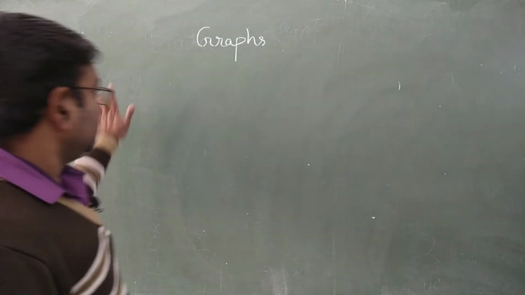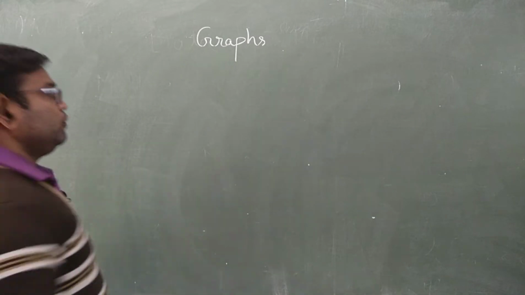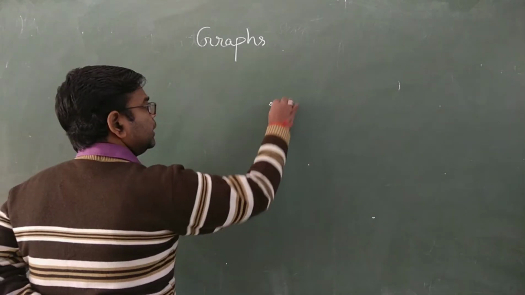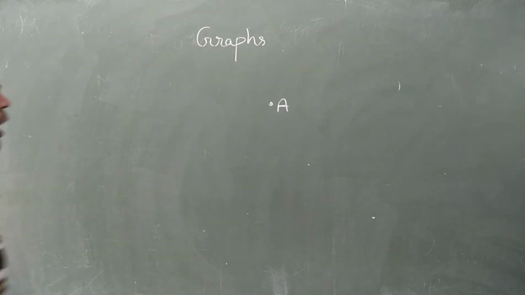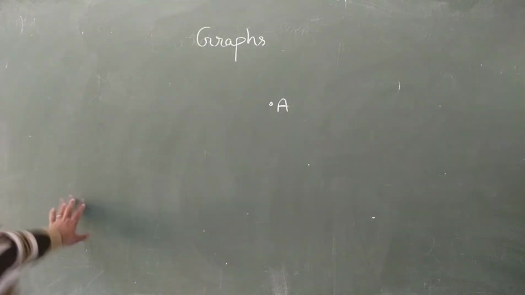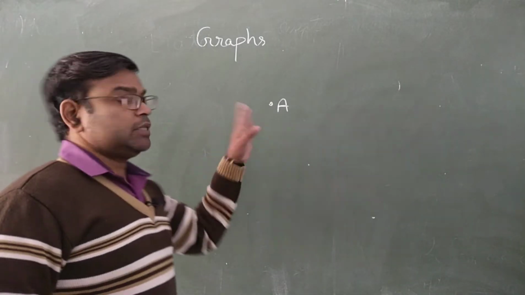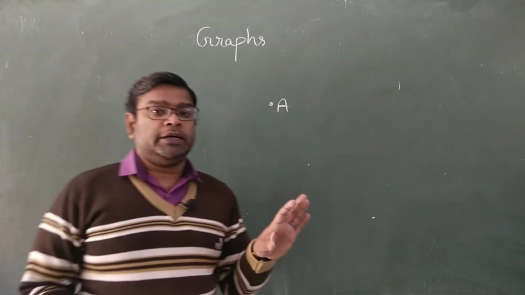For example, this board is your plane, and if we wish to locate a point A on this plane, how do we give the exact location of point A? For this, we need some reference, which means we need some address. This is the same as your home address.